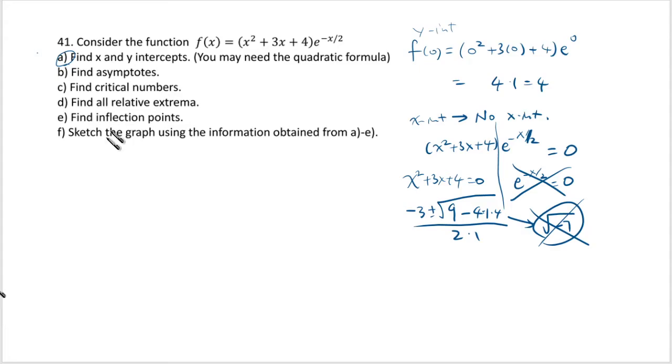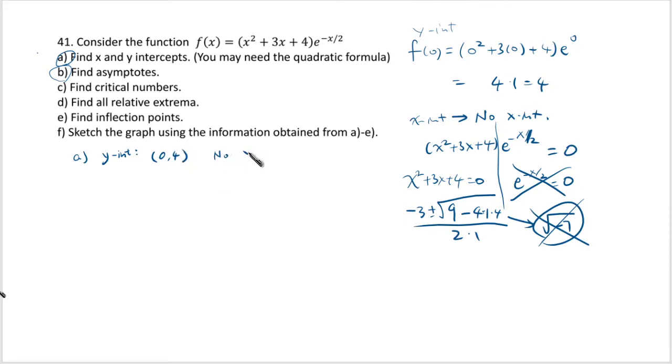Okay, now find the asymptotes. Well, there aren't any vertical asymptotes because it doesn't have a fraction. So by asymptotes, it just means horizontal asymptotes. So for B, before we do B, let's write down the answer for A. Y-intercept is 0, 4.